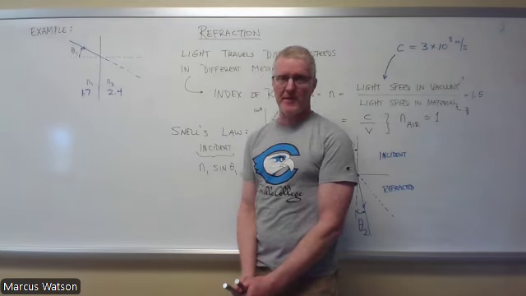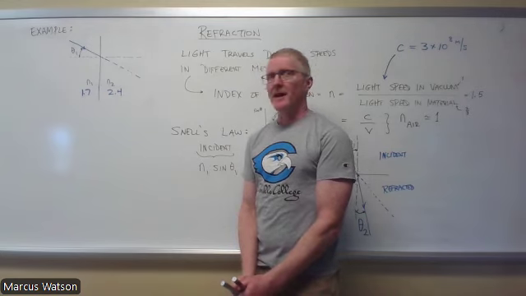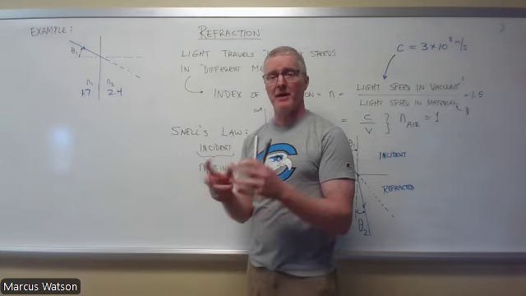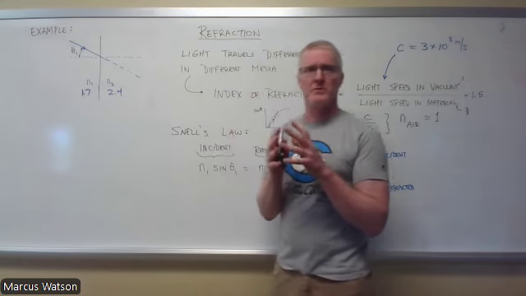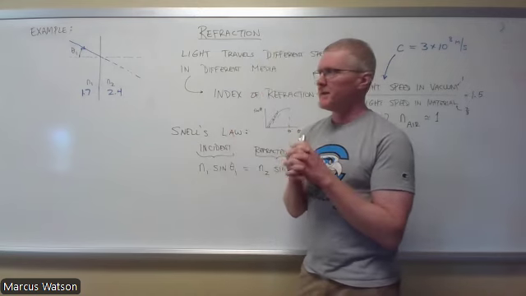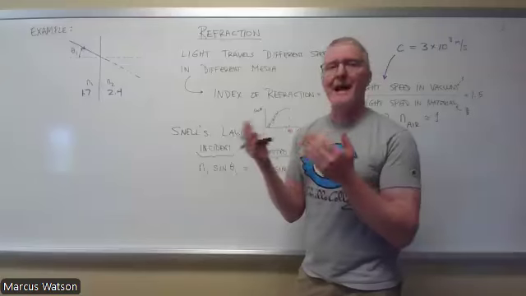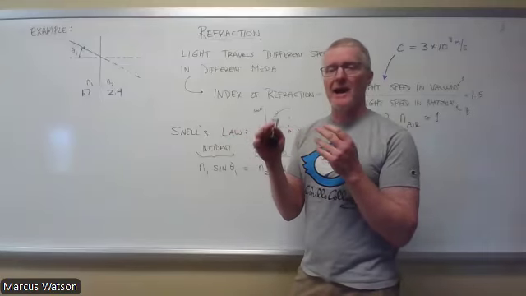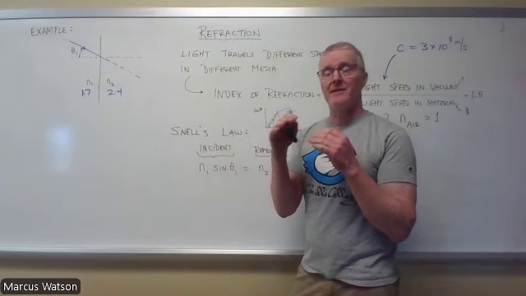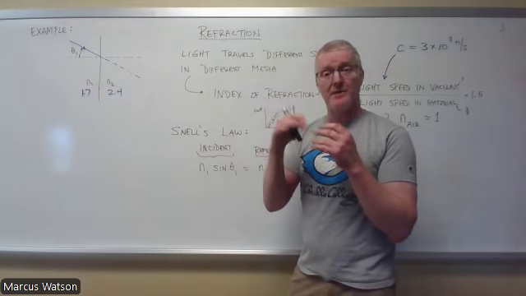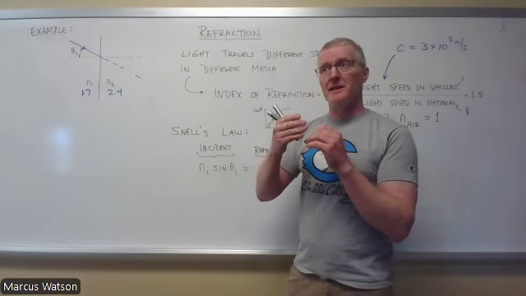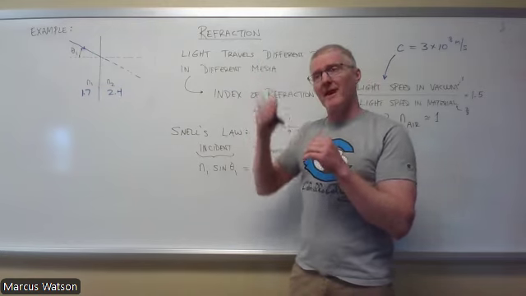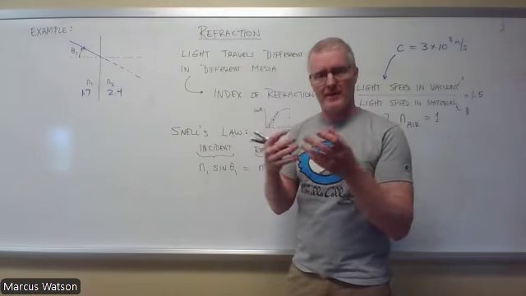And so the people who mine diamonds and polish them up and cut them and make them all beautiful for people to have as jewelry are relying on this high index because of how light refracts from air into diamond, and then consequently also on the way out, what happens to the light on the way from the diamond out into the air, and it gives it this sparkling quality.